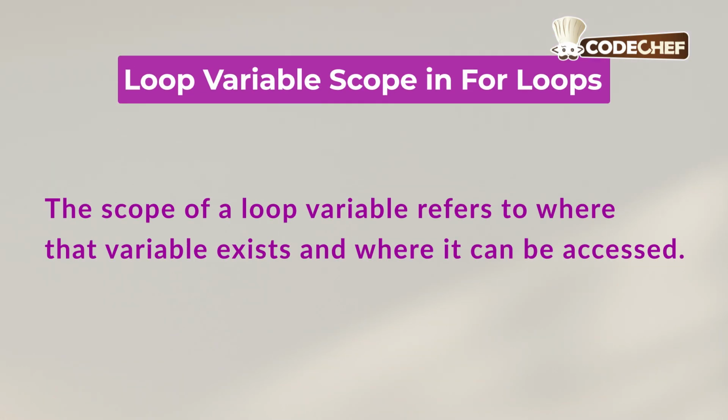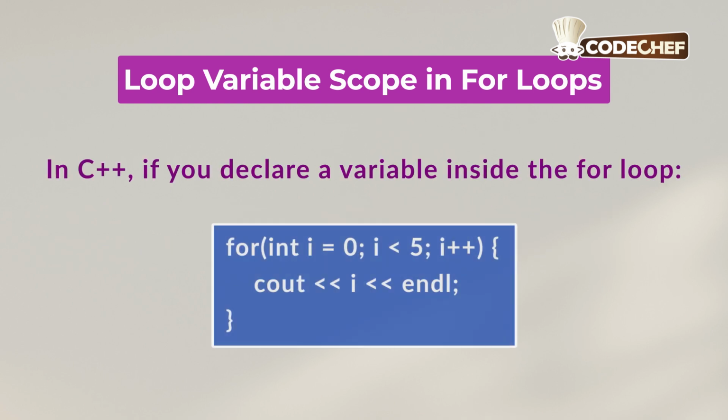Loop variable scope in for loops. The scope of a loop variable refers to where that variable exists and where it can be accessed. In C++, if you declare a variable inside the for loop, just like for (int i = 0; i < 5; i++), then we can access the i variable only inside this for loop because we have declared it inside the for loop block.